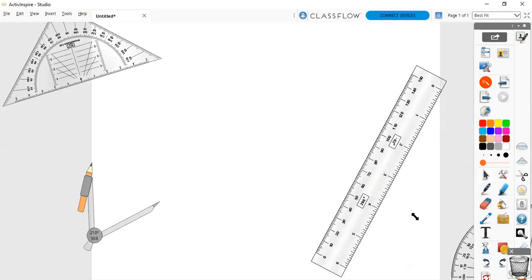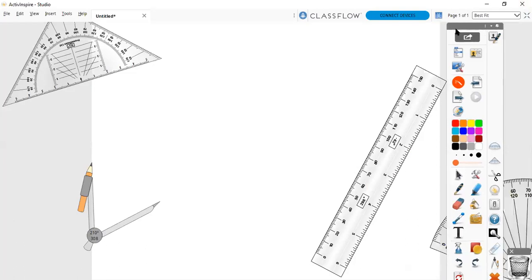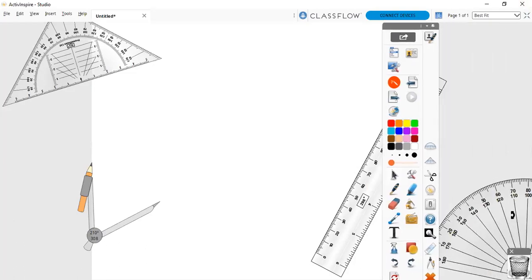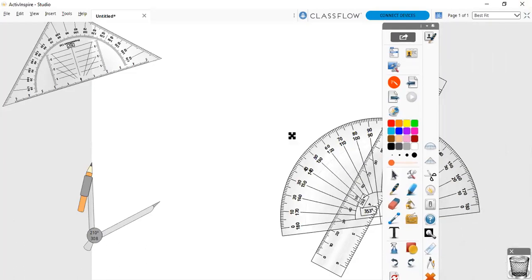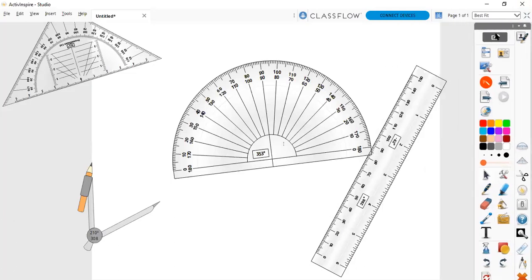Okay, so right now we don't want this to use. We wanted to study the bisection of an angle.